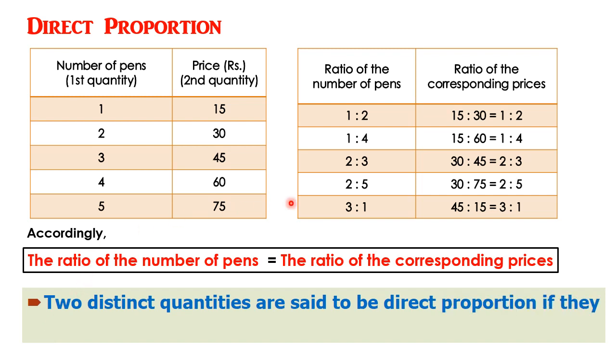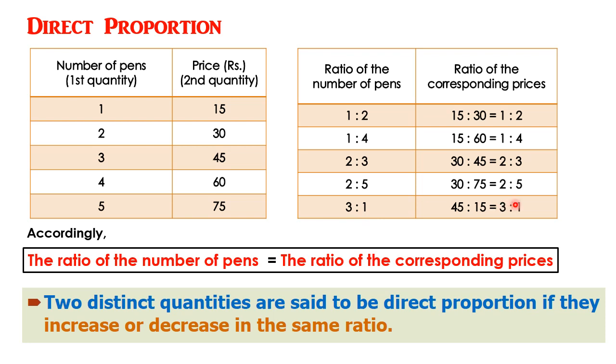According to the above table, the ratio of the number of pens is equal to the ratio of the corresponding prices. Two distinct quantities are said to be direct proportion if they increase or decrease in the same ratio. Here the ratio is 1:2, here too 1:2, 3:1, 3:1.